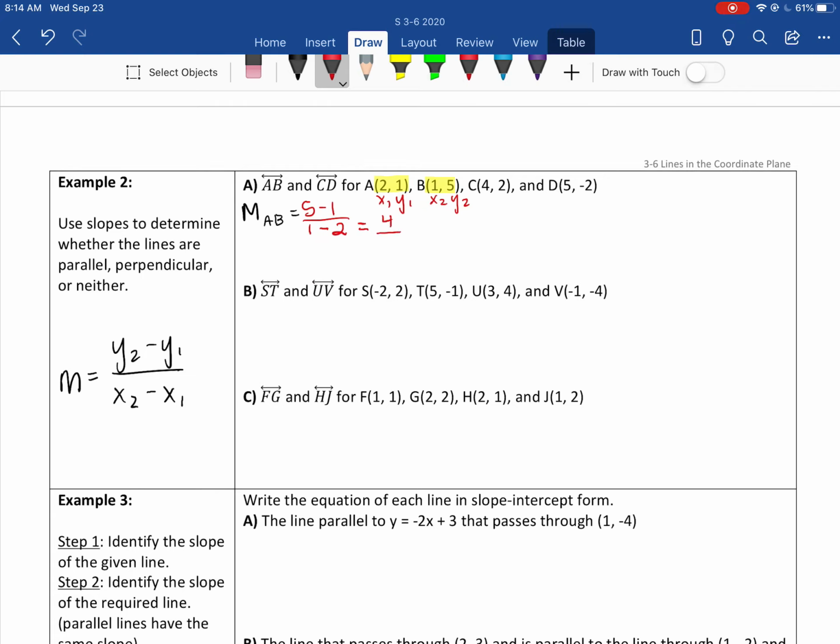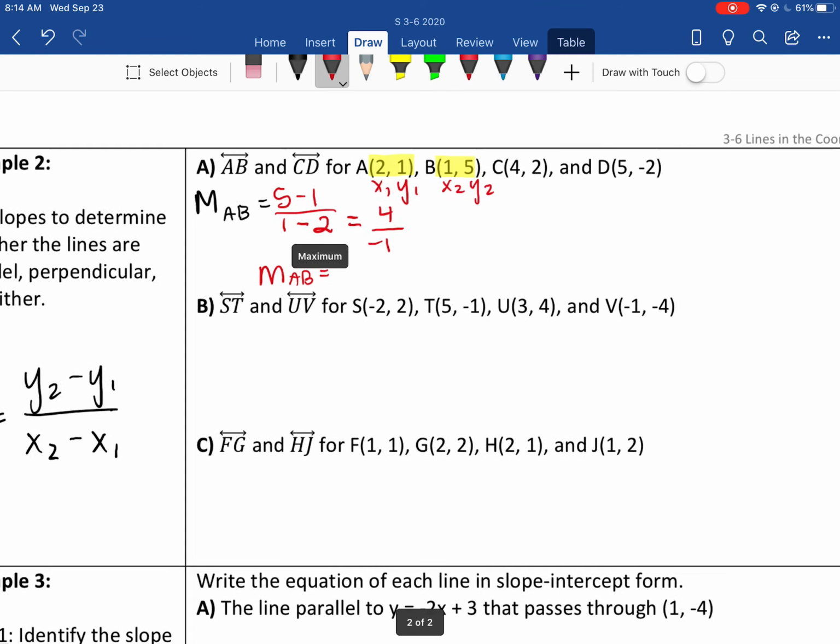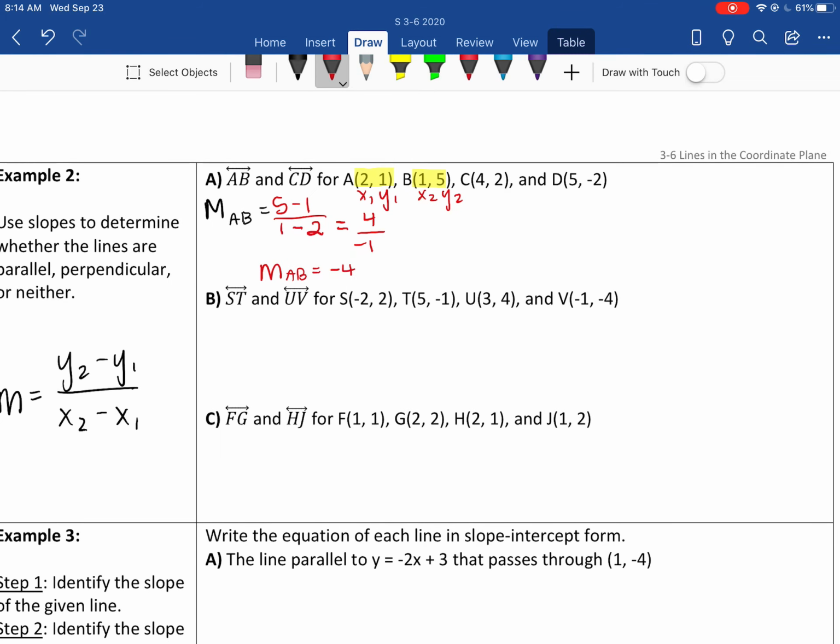And when we solve that, 5 minus 1 is 4. 1 minus 2 is a negative 1. So when we finally get our slope of line AB, 4 divided by negative 1 is going to give you a negative 4. Okay, so that's the slope of line AB.